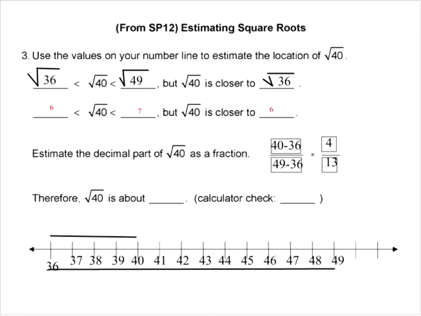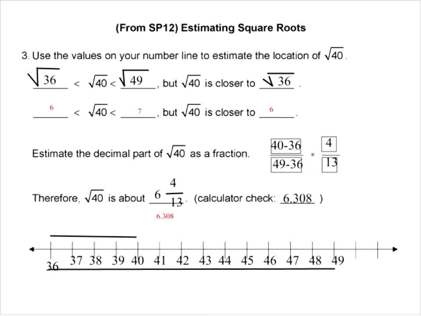I've done this ahead of time to save time. So therefore, the square root of 40 is about 6 and 4/13, and I'm going to have Joe fill this in. The calculation there is 6.308 if you do that on the calculator.